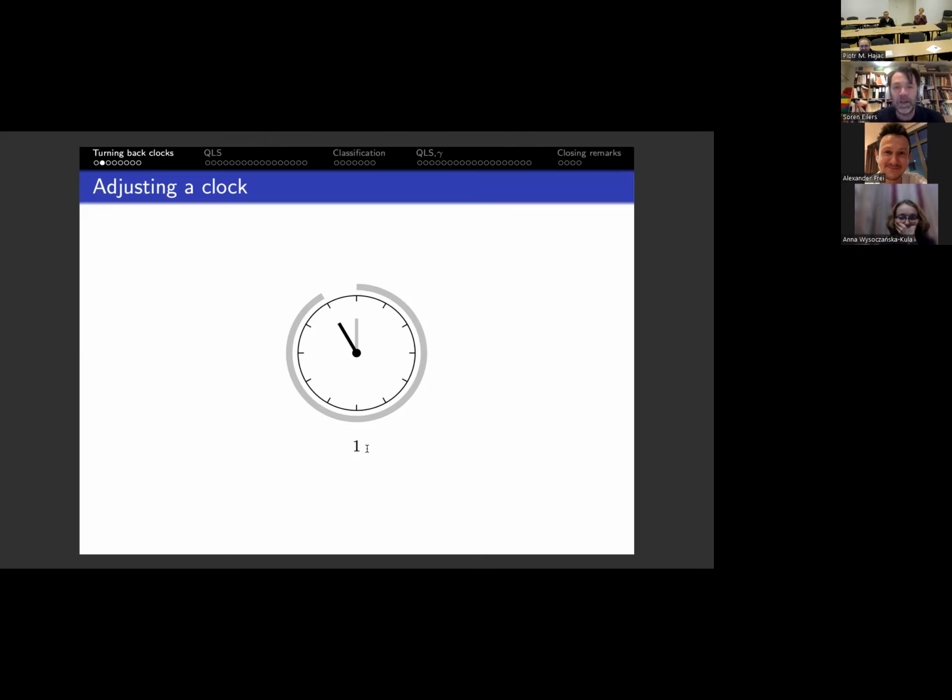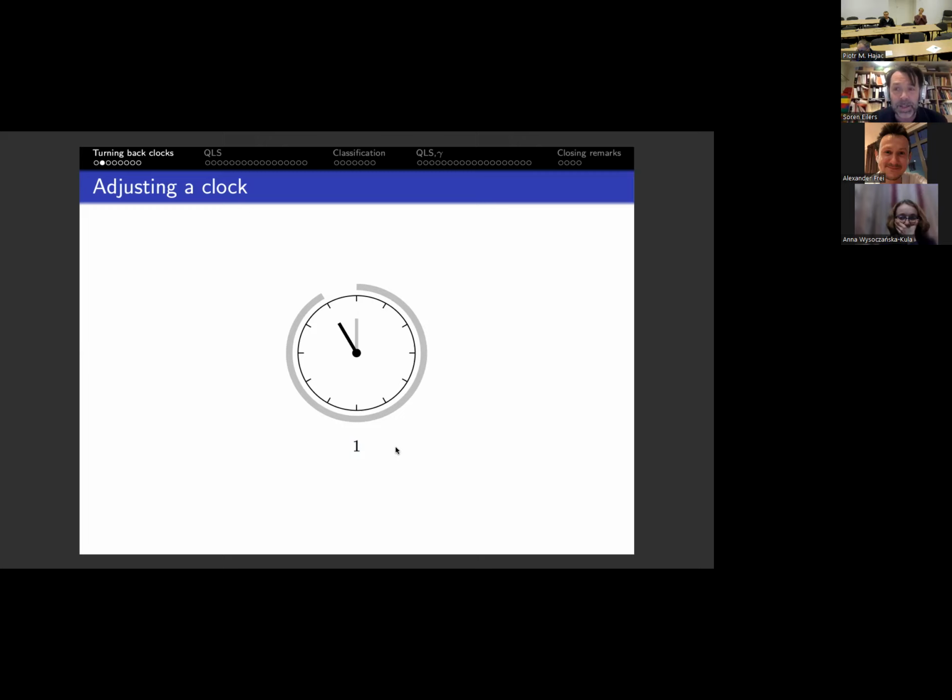Also, my clock is such that if the hand goes across the 12 o'clock, there'll be a noise, a bell or something like this. So I don't want to take it beyond the 12 on my clock. This means that there is only one way I can do it, which is what this 1 down here is supposed to indicate.